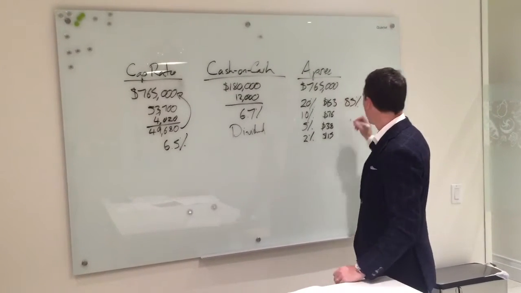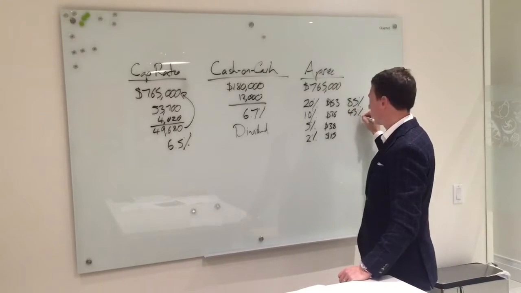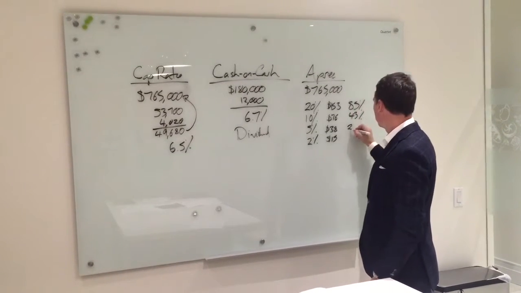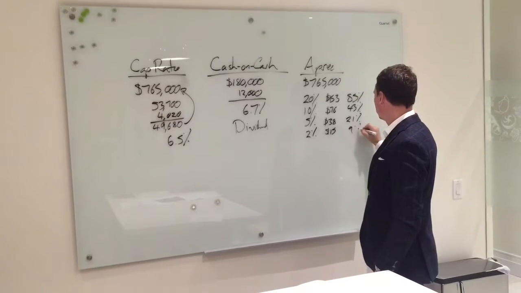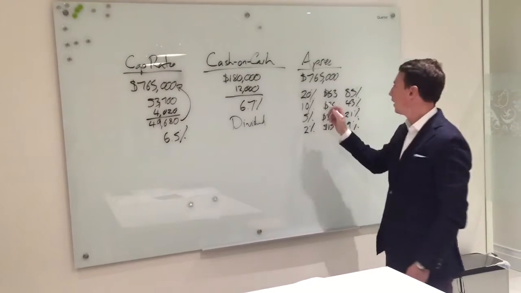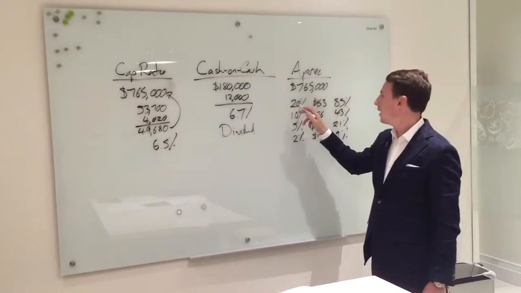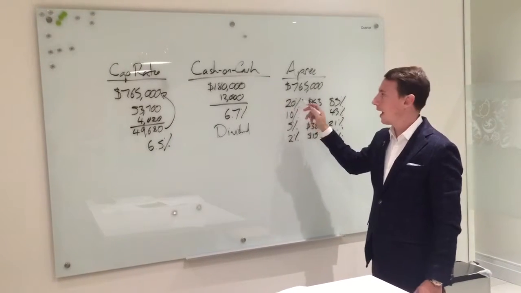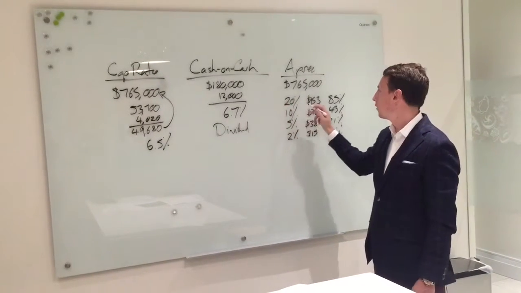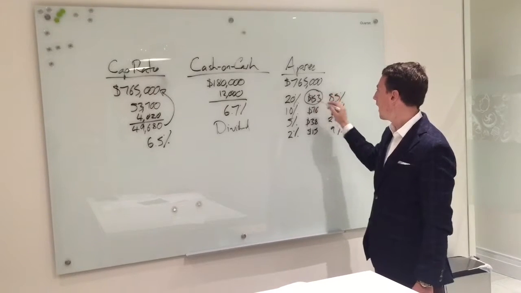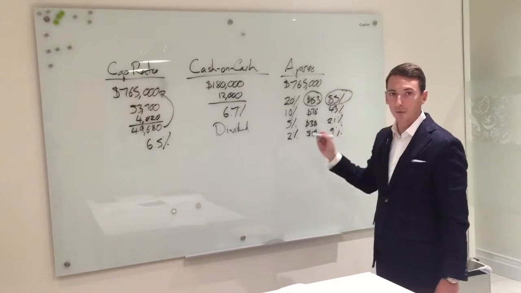It goes down to a 43% return, 21% and 9%. Because while the house has gone up 20%, I didn't buy the house cash. I only put the $180,000 down. So that $153,000 is actually an 85% return on the money I put in.